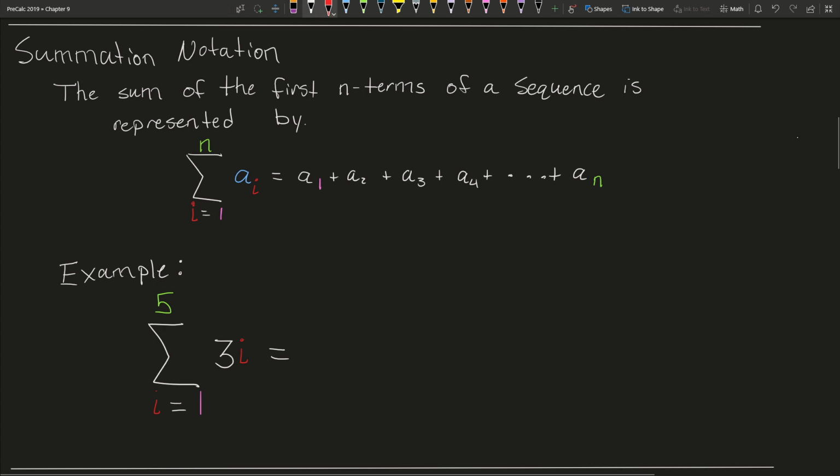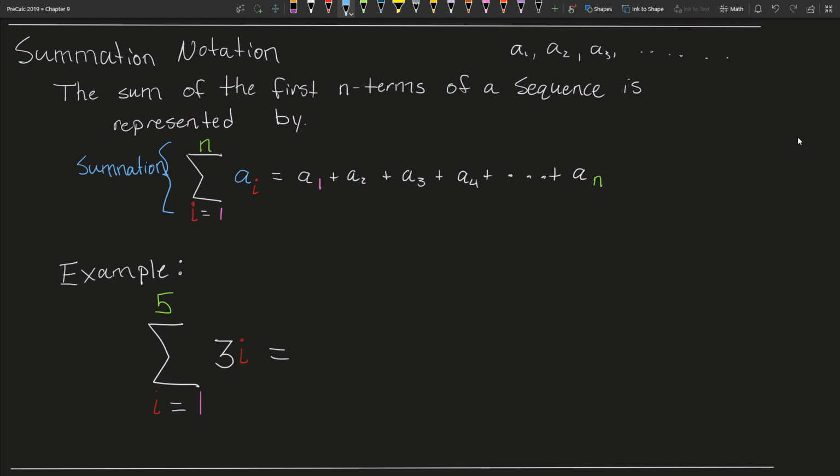So if we have a sequence A1, A2, A3, we can sum those together, and the notation to do that is this right here, which is called sigma notation or summation notation.